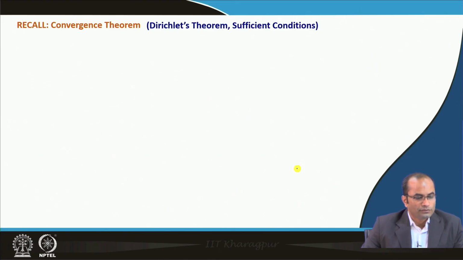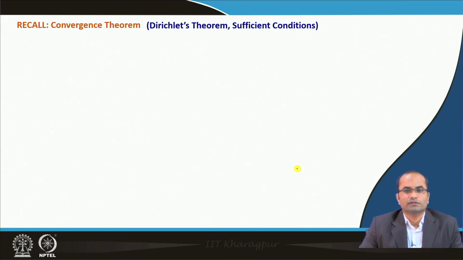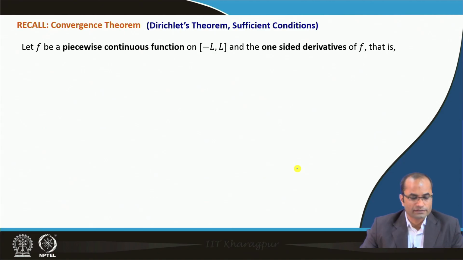Just to recall from the previous lecture, we have discussed convergence, that was the Dirichlet theorem, and those were the sufficient conditions, mainly the piecewise continuity and existence of one sided derivatives.